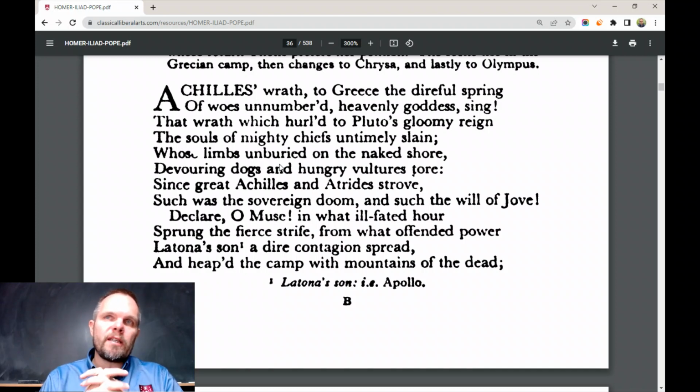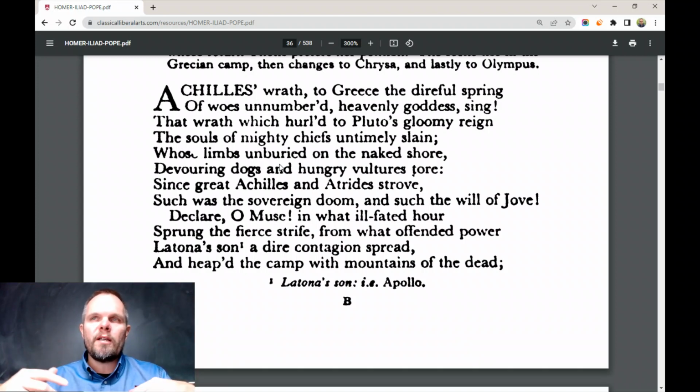The wrath of Achilles was the source of countless evils, and he's praying to this goddess to reveal to us, to spiritually remind us. It's a complicated idea, but remind us, sing to us, teach us of the wrath of Achilles. That's the opening two lines.